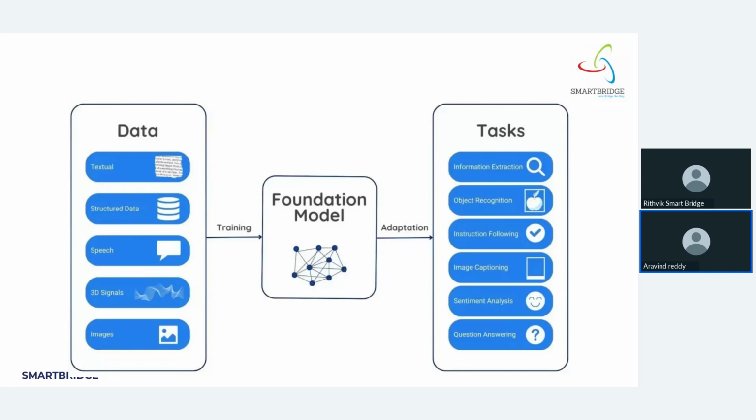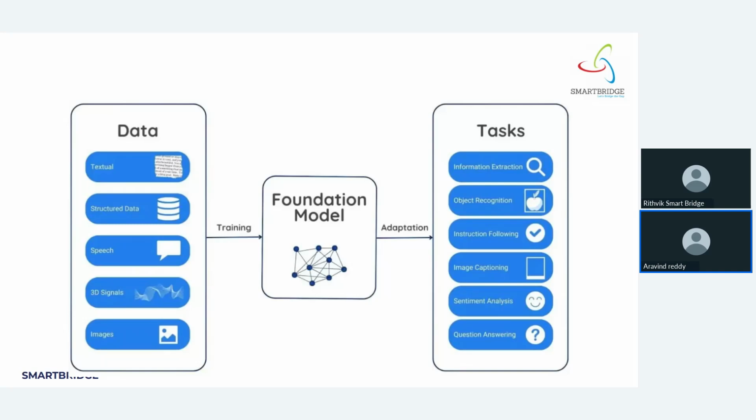That's the important thing. And instruction following, so it is going to follow some instructions. And image captioning: if you give an image, it's going to give you captions for that. Sentiment analysis, in the last session I think you've seen. If you give reviews, for example, giving a few examples and asking which one is positive and which one is negative, we can analyze the sentiments.